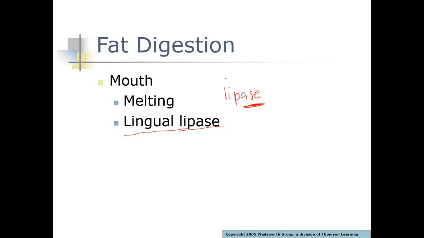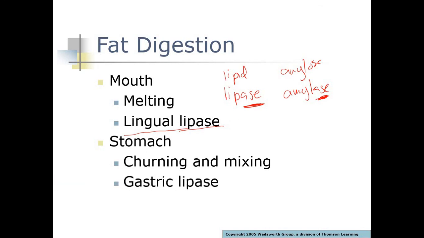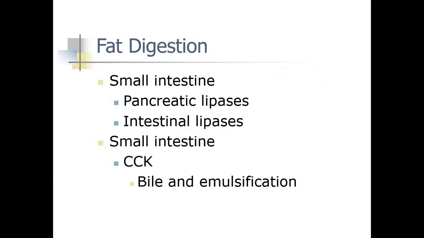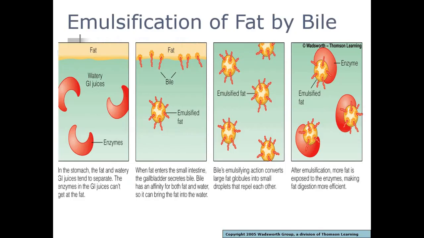It's the enzyme that can break down lipids, similar to salivary amylase, the enzyme that breaks down amylose. In the stomach, there's churning and mixing, and you also have gastric lipase. Then in the small intestine, we have pancreatic lipase, intestinal lipase, and also the bile for emulsification. The fat, class, is emulsified by the bile.